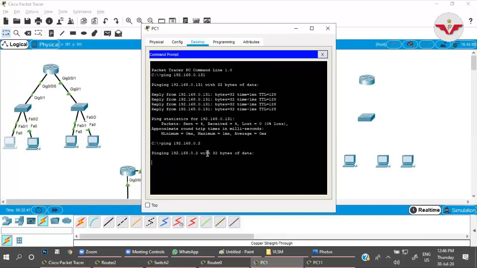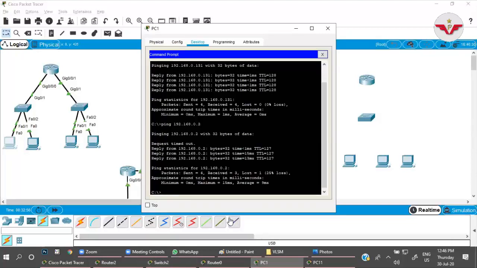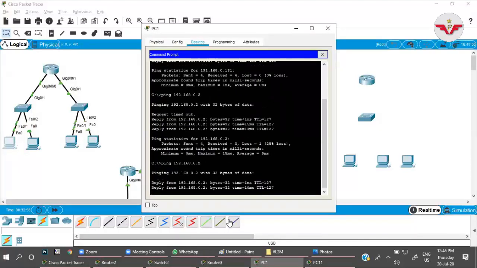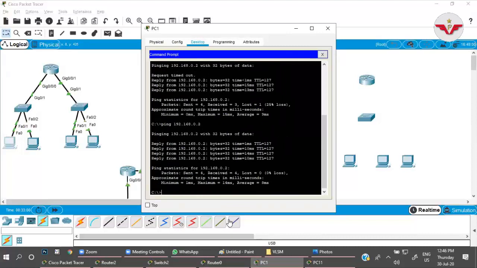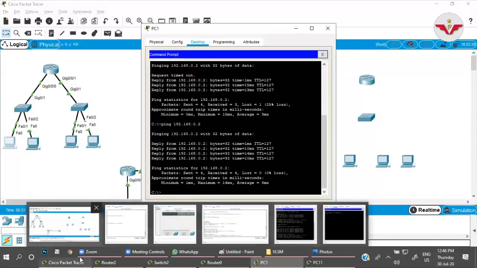It will take a little bit of time to create the table in ARP. Yes, now it's working. Sir, always the first packet will be dropped because of the ARP resolution, right? Exactly. Okay, what is ARP? What is Address Resolution Protocol? Sir, the communication happens between two devices when it gets the IP address as well as the MAC address.